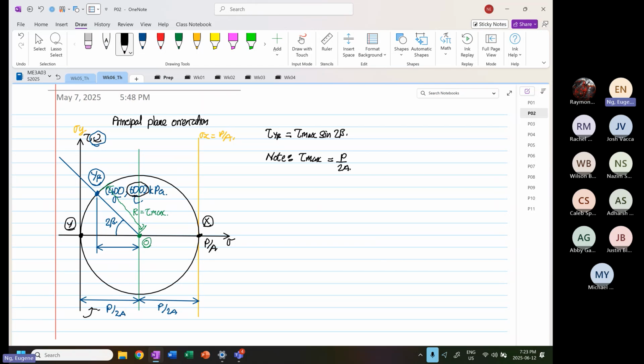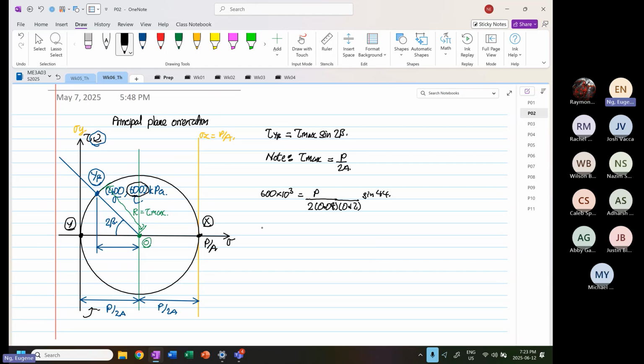So from here, we will have 600 times 10 to the power 3, and this is equal to P divided by the cross-section area 0.08 by 0.12, right? And then we have sine 44.